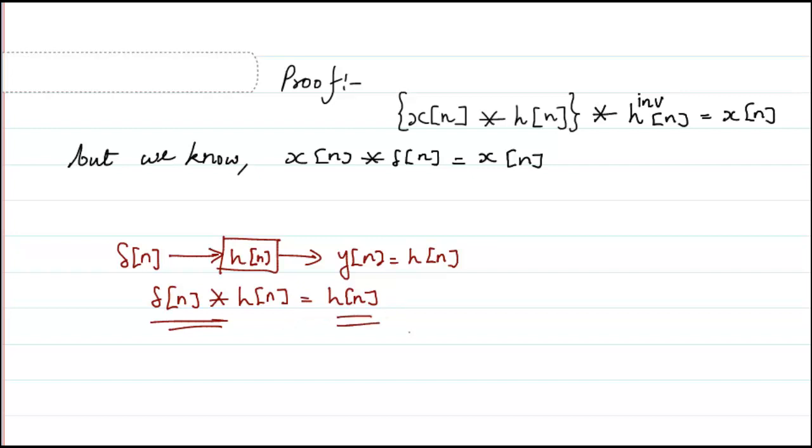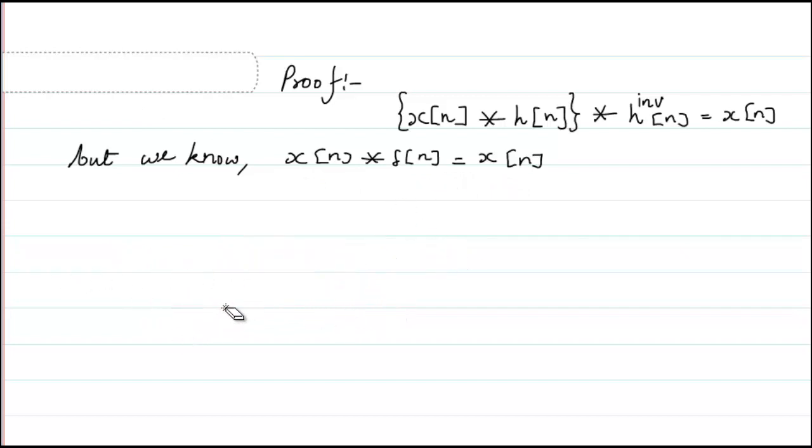So here also, if you want to get the original x of n, you have to convolve x of n with delta n. If that is the case, then we can very clearly see that this convolution has to be a delta n. That is, h of n convolved with h inverse of n should be equal to delta n.